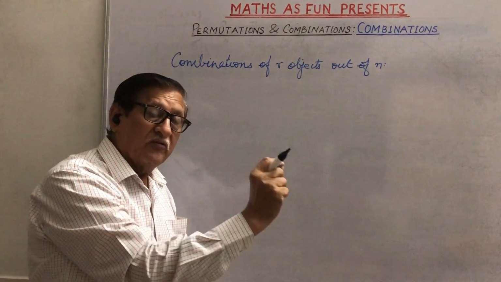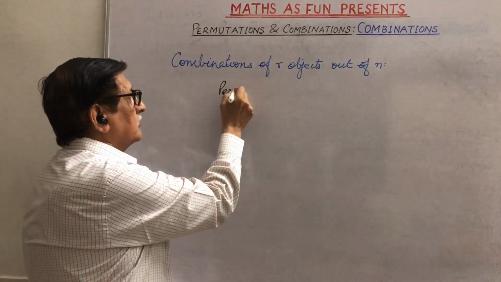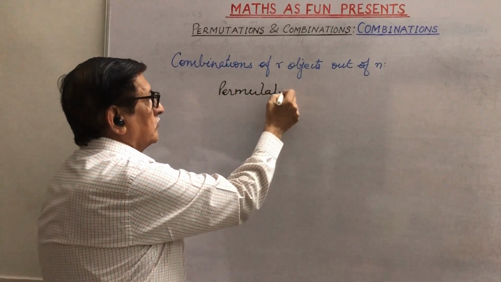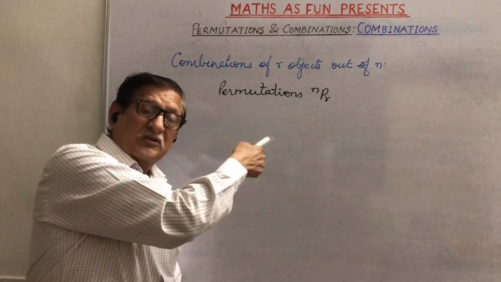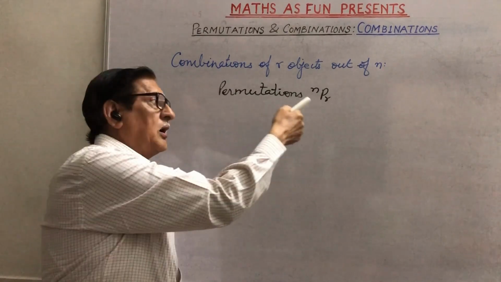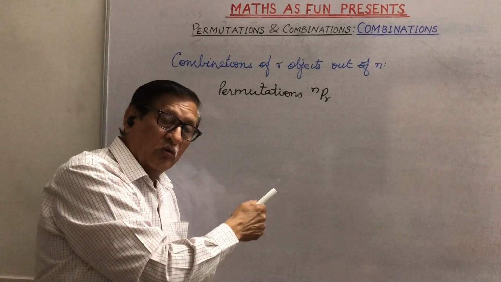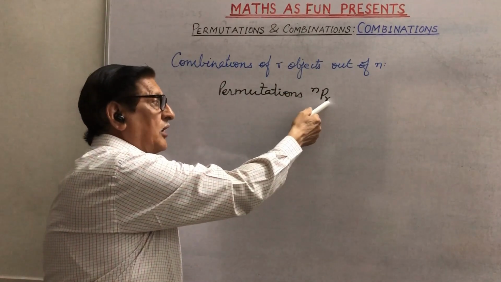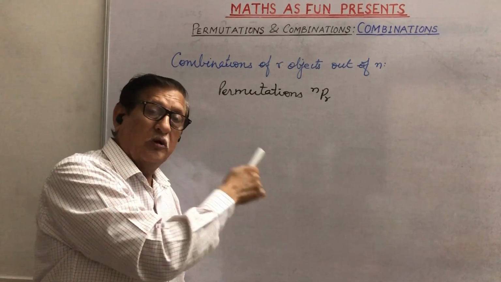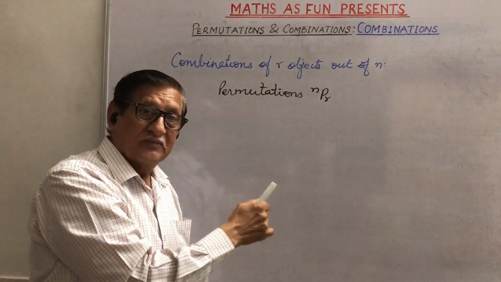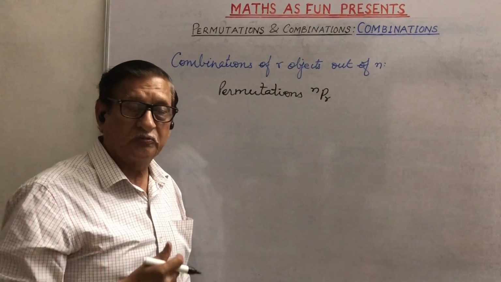We know when we want to find the permutations nPr, nPr means arranging r objects out of n. Do we know that when we want to arrange r objects, first we have to select them? It means here we have to make two operations. One is selecting r objects and the second is to arrange those r objects.